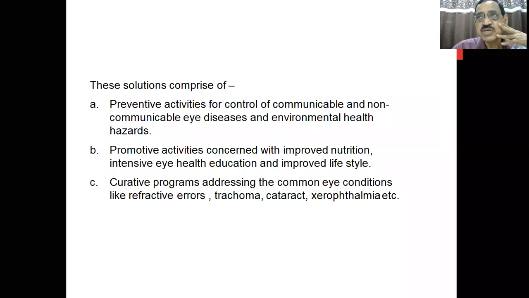Previously, vitamin A deficiency used to be the cause for keratomalacia and loss of vision in children. It is not the deficiency of vitamin per se, but it is almost always associated with protein energy malnutrition and certain disorders which reduce the vitamins in the body.